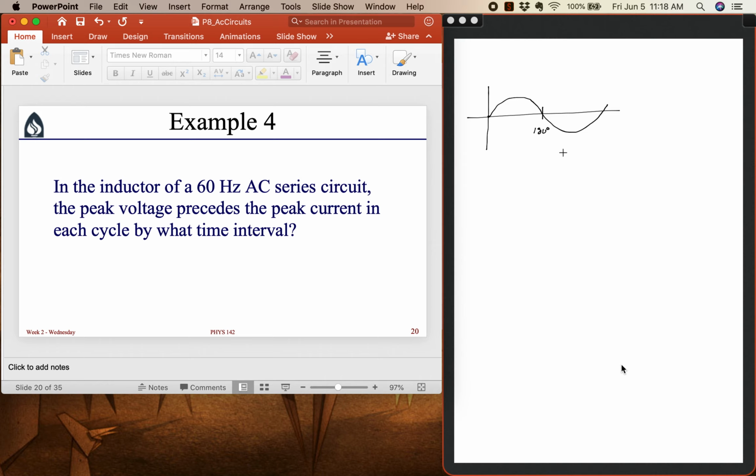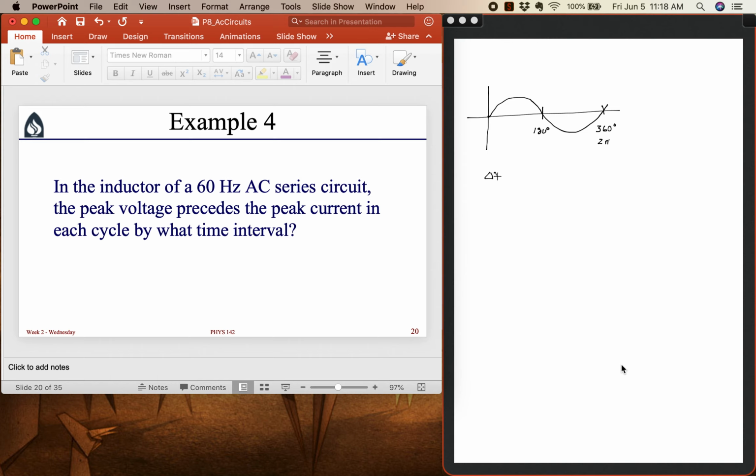This is 180 degrees, and this would be 360. So in 360 degrees, or 2 pi radians if you prefer, the sine wave undergoes one complete cycle. So we know that the voltage precedes the current by 90 degrees.